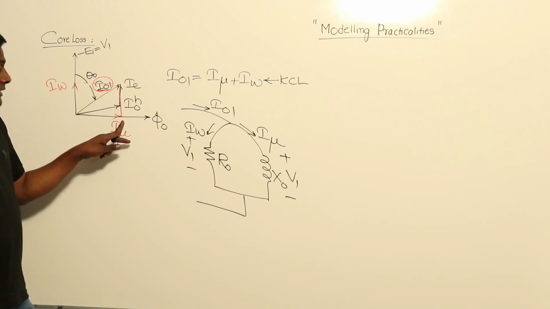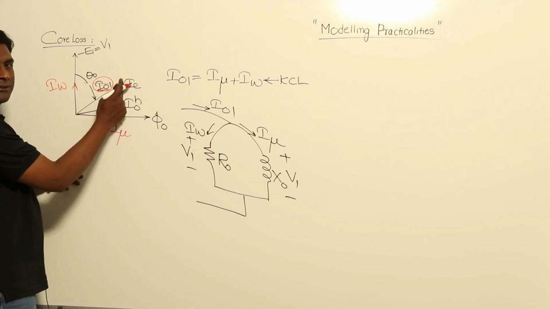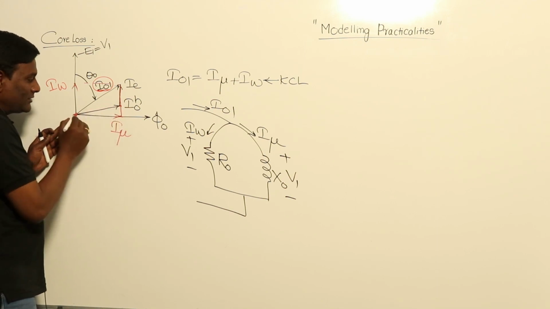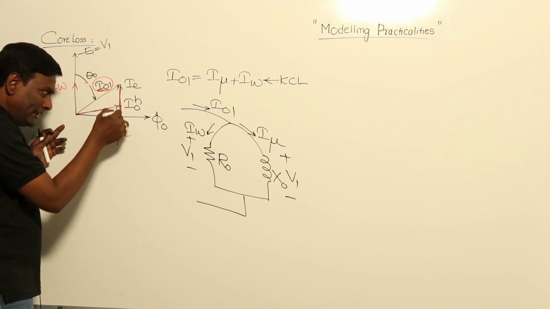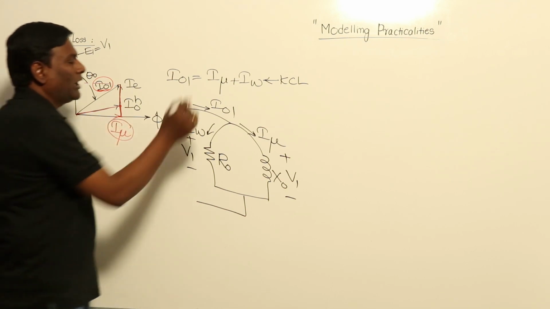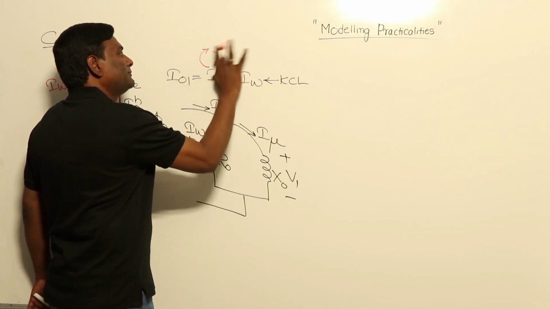If you compare, it will depend upon hysteresis only, because the eddy current component is at right angles. So this is the hysteresis component of I01; the component in line with phi naught is going to be I mu only. So we have to remember that I mu will depend upon hysteresis only.